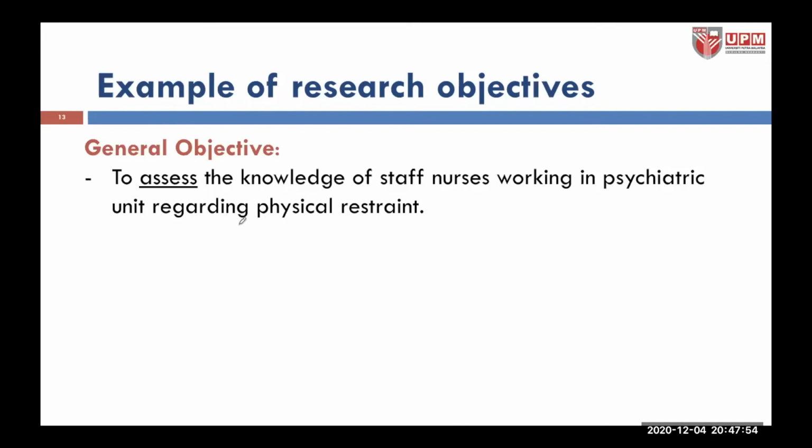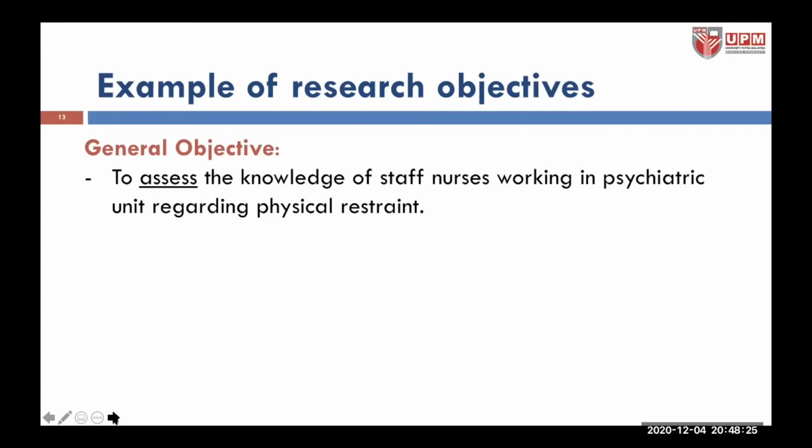And basically, what kind of knowledge is it? It is on the physical restraint, right? So you can easily say that the system under study is the knowledge of staff nurses. It's not the doctors, it is the staff nurses. And where is it? It is in psychiatric unit. And regarding what? The knowledge on the physical restraint. So that is general objective.